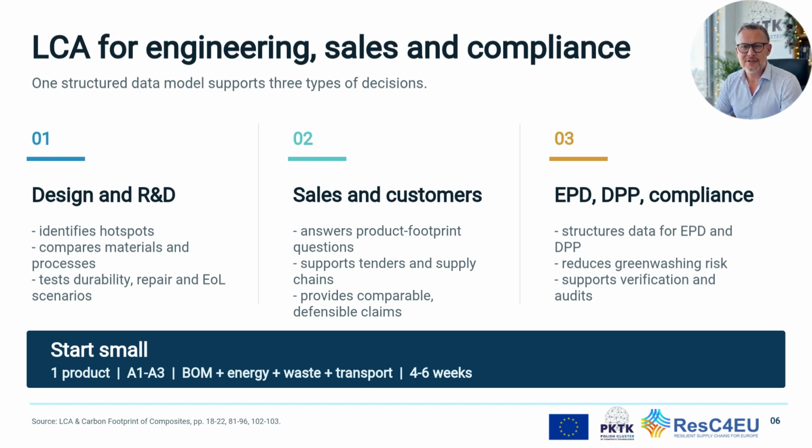Importantly, a company does not need to begin with every product and every life cycle stage. The book proposes a starter pathway. Choose one representative product, use an A1 to A3 scope, and collect BOM, energy, waste, and transport data. A first useful model can be developed in 4 to 6 weeks.